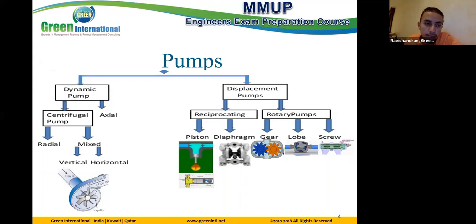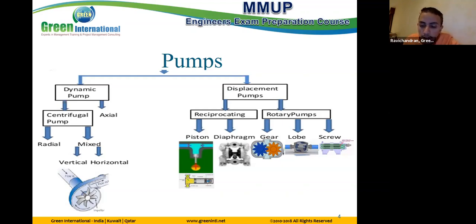For the dynamic pump, we will cover some specs and some advantages and disadvantages. Also the displacement pump, starting with the main differences between these two.